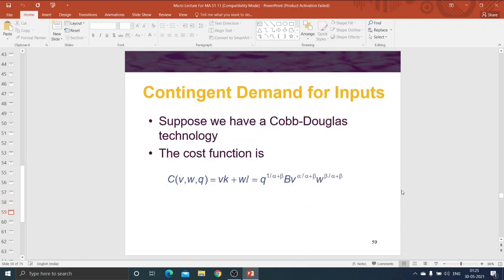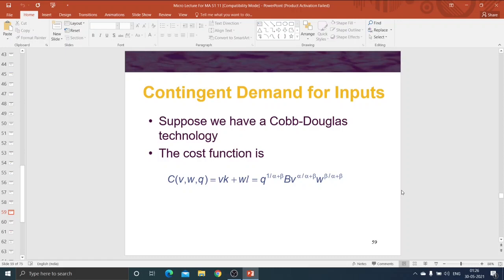Suppose we have a Cobb-Douglas technology. The cost function is also going to be as follows: C(V,W,Q) = VK + WL, which is equal to Q^(1/(α+β)) times V^(α/(α+β)) times W^(β/(α+β)).